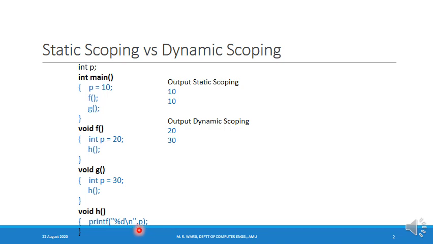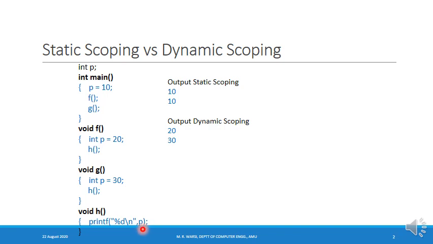The question now is, when we refer to the variable p in the function h, which definition of p is being referred to in this reference? Let's first of all consider static scoping. In static scoping, a variable will first be searched in the local scope.